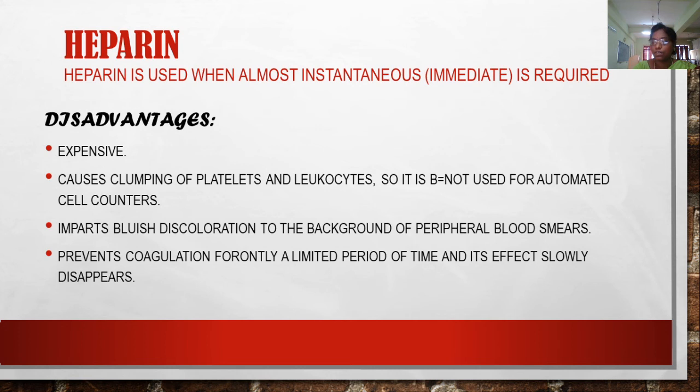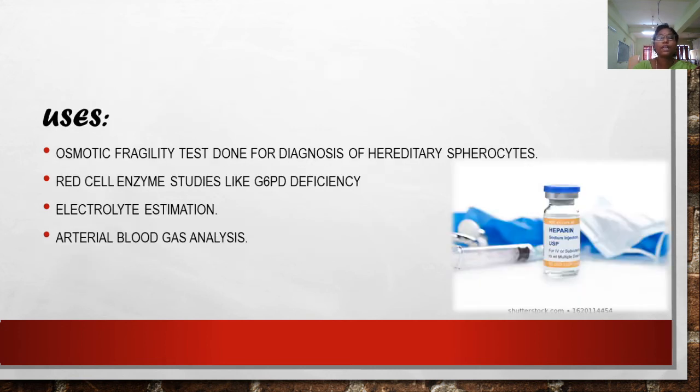Uses of heparin: osmotic fragility test, done for diagnosis of hereditary spherocytosis. Yesterday we discussed osmotic fragility, used to detect diseases like thalassemias.